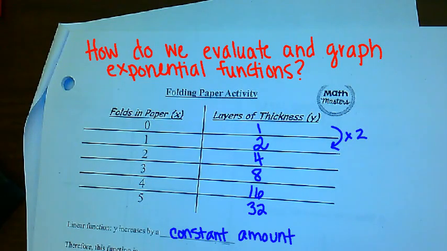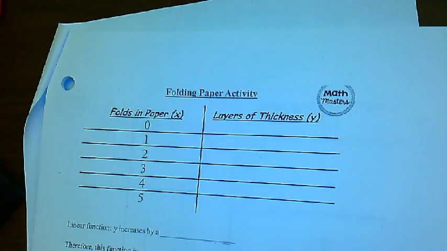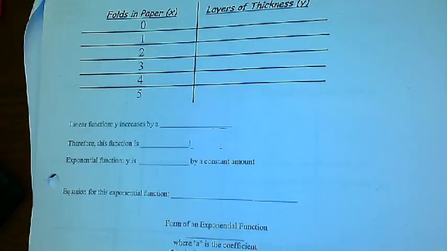I'm multiplying by 2, multiplying by 2. Each time I'm multiplying by 2. Yes, that is going up by a constant rate, but not by addition. So for a line, it has to be by addition. Because it's not by addition, this cannot be linear. So this is a non-linear function.